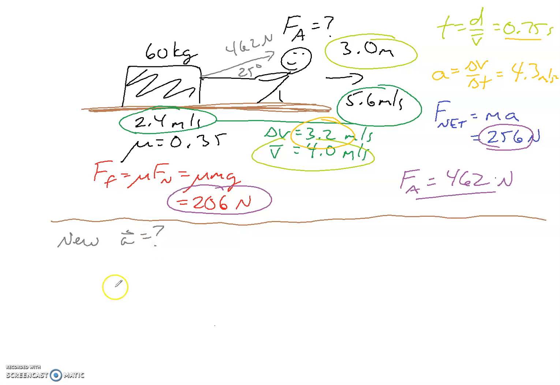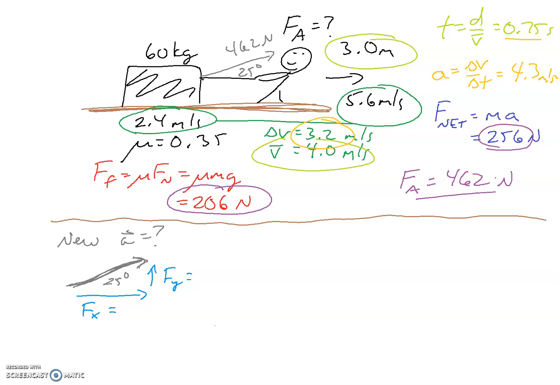Since he's actually pulling at an angle, he's pulling out this way at 462 newtons, at 25 degrees. The first thing we need to do is break apart that force into x and y components, the force in the x direction and the force in the y direction.